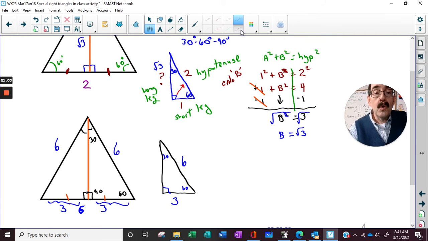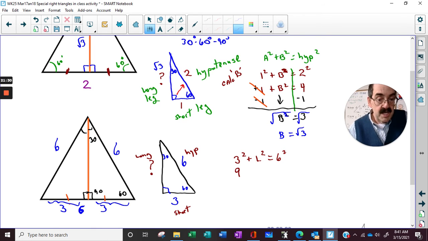And our goal is to find the long leg, okay? So we have the short leg, we have the long leg, and we have the hypotenuse. All right, let's use Pythagoras. Pythagoras said 3 squared plus the long leg squared is equal to the hypotenuse squared. 3 times 3 is 9. 6 times 6 is 36.